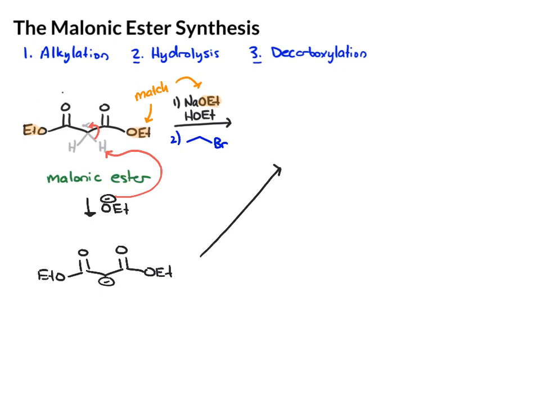And then when you add the ethyl bromide, that'll alkylate this to put the ethyl group on the molecule.